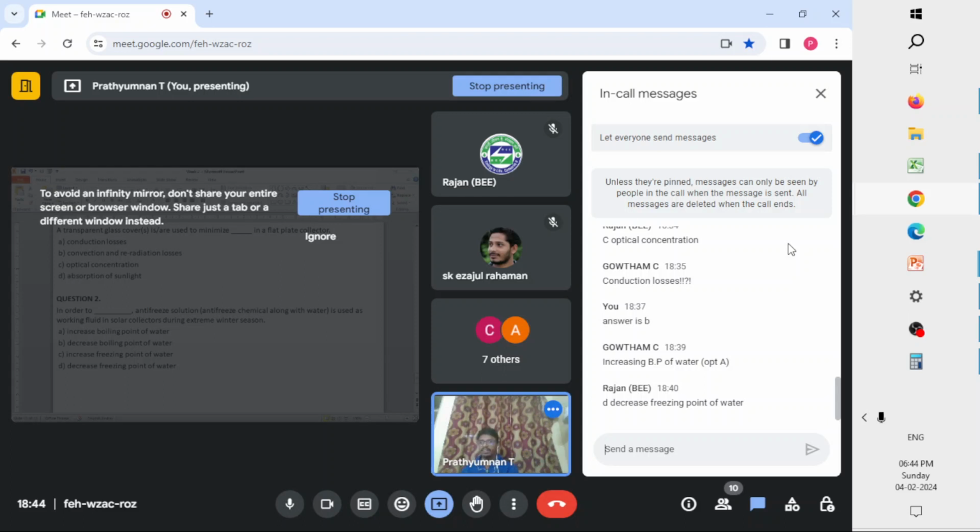Is it non-concentrating or concentrating? Yes, anybody? This is a very simple question. I have given the options also. So is our flat plate collector concentrating or non-concentrating?